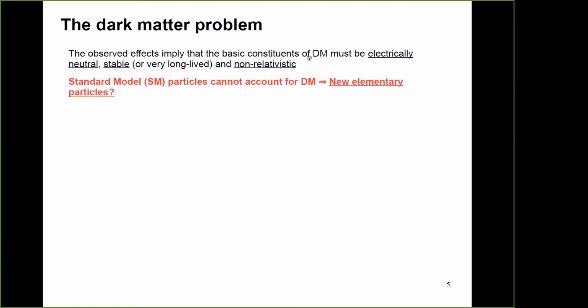And the problem for particle physics is that in the current standard model of particles, there is no particle that could explain this dark matter. So we postulate that dark matter is made of a new kind of elementary particles. So we see here how a concept that is originally from astrophysics and cosmology has deep implications in particle physics.